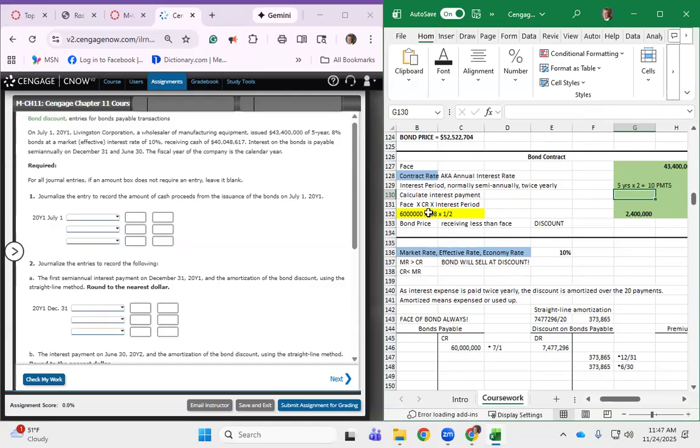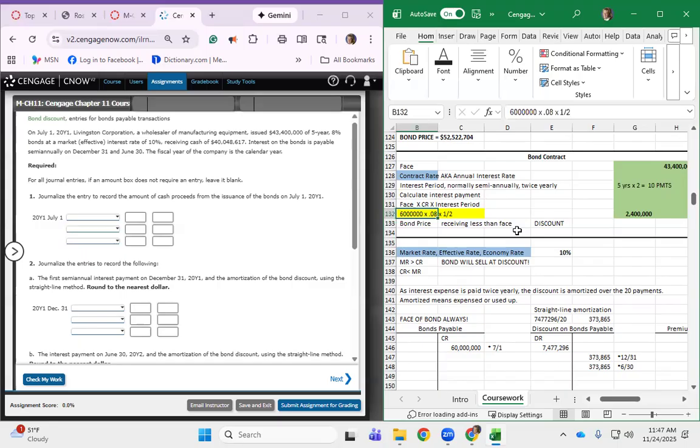Now we're going to calculate the interest payment. Are you ready? How do you calculate an interest payment? It's always the loan principal, and that's basically the face. It's the face times the contract rate times the interest period.